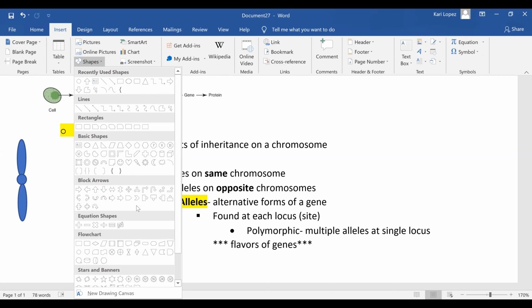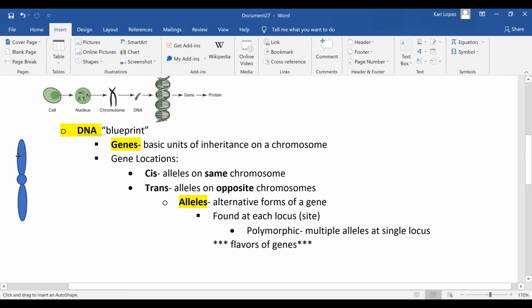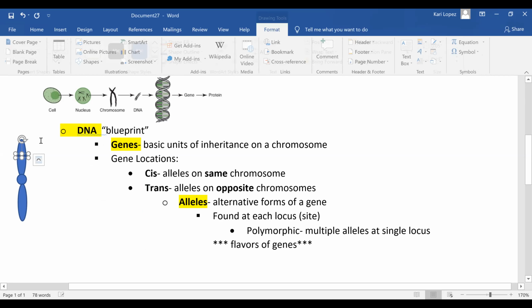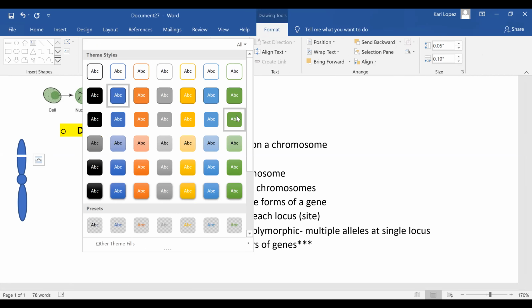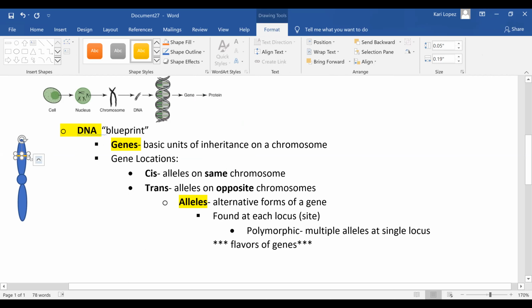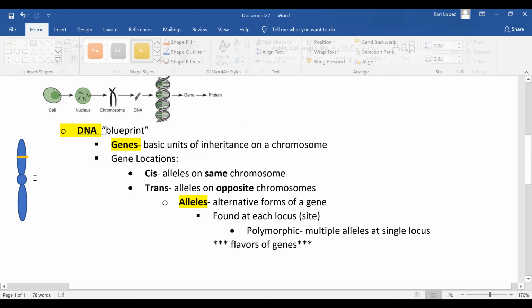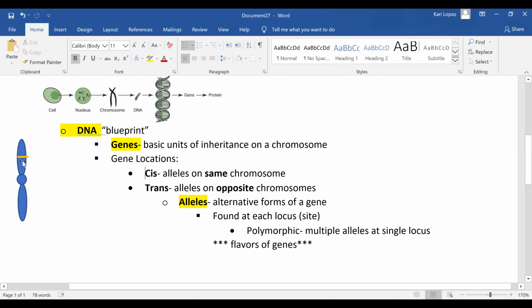Yes, it's supposed to be anyway, but we know how my drawings go. No, that's fine. Just making sure I got it right in my head. Yep, you got it. Okay, so let's say this is a locus or site.